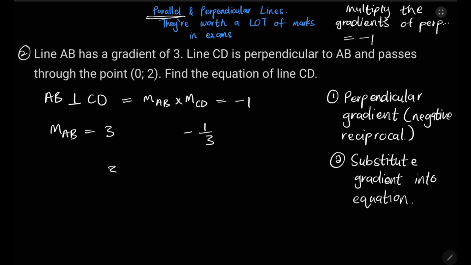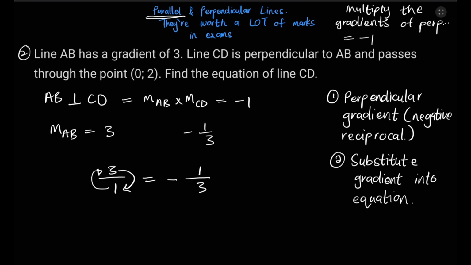Remember, when you have a whole number, there's always an over 1 that we never write. So when you find the negative reciprocal, we start with a negative sign. Then this 1 goes to your numerator, there's your 1 over, and that 3 goes to your denominator. So it's negative 1 over 3. With perpendicular lines, remember that when you multiply the gradients, you always get a negative 1.